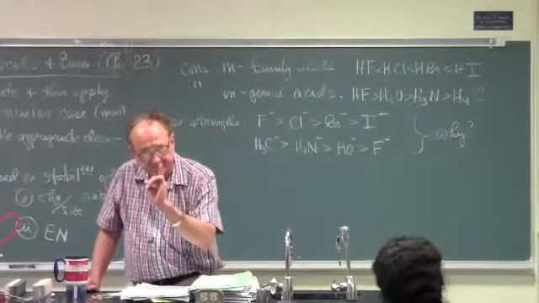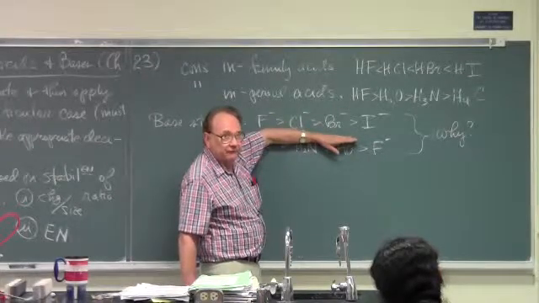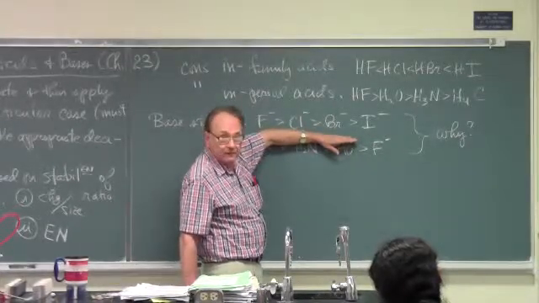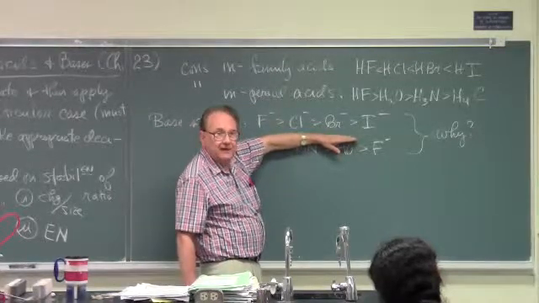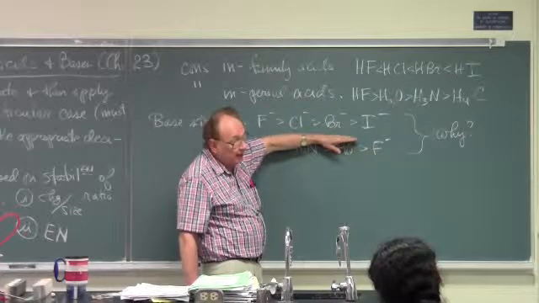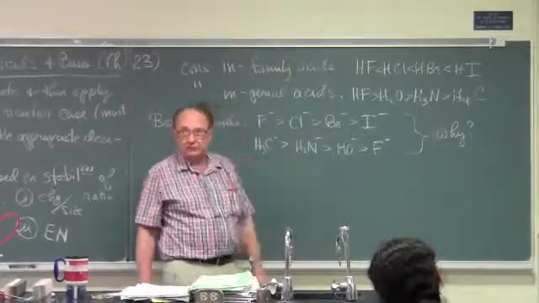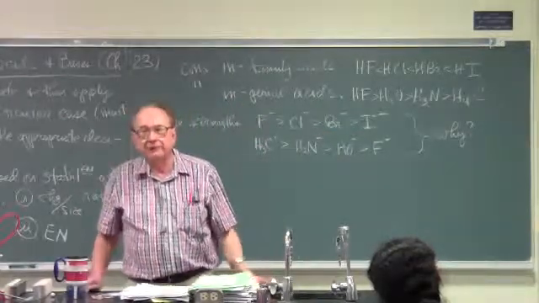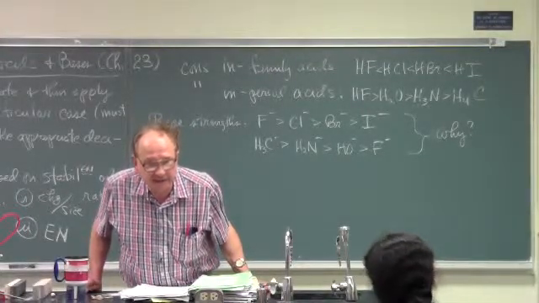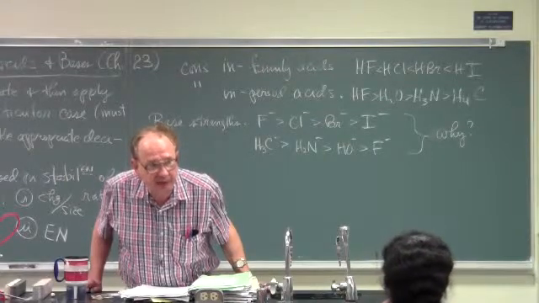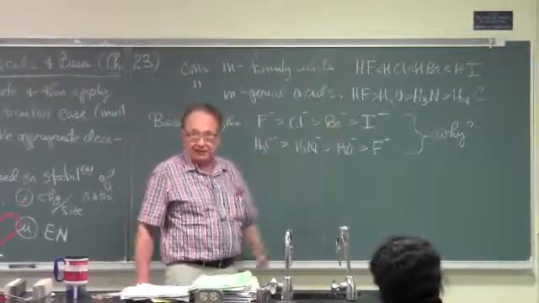But think about this. If I wanted to decide on the relative base strengths, the relative effective negative charge densities of these 4 bases, depending upon electronegativity, which of these bases would I expect to be the weakest and most stable? Which one is derived from the atom of greatest electronegativity? Fluoride ion. So on that basis, I'd expect fluoride ion to be the weakest, most stable, least reactive of these bases, which would make HF the strongest of these halogen acids.